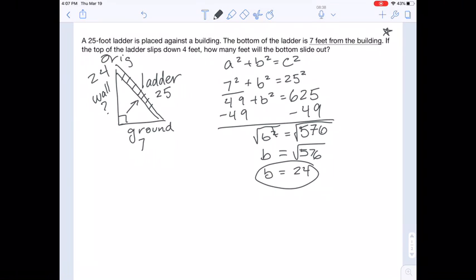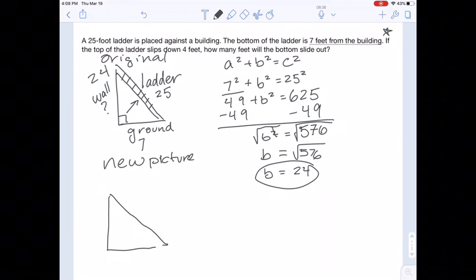So if this is our original picture, we're now going to have to draw a new picture. And in this one, which measurement will not change? Will the wall, ground, or ladder stay exactly the same as it was in the original problem?